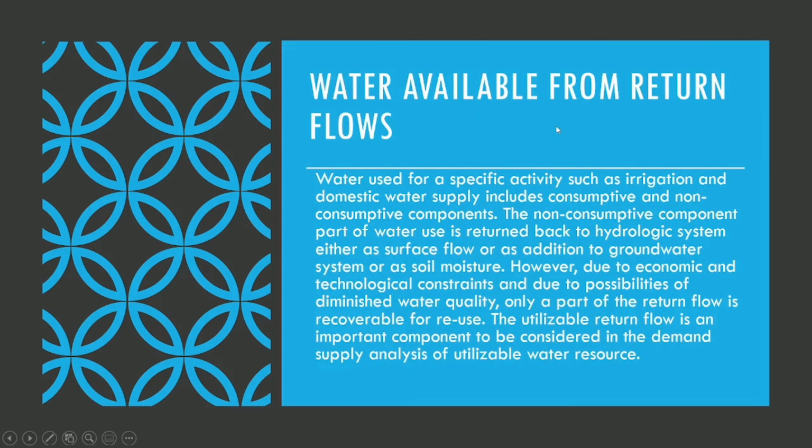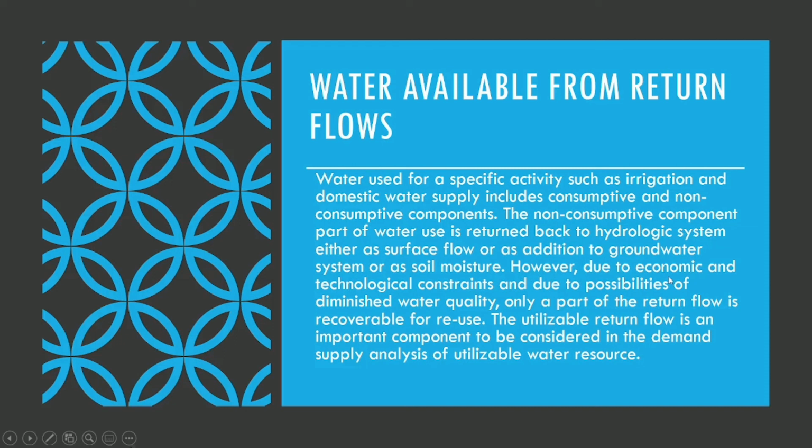Water available from return flows. Water used for specific purposes such as irrigation and domestic water supply includes consumptive and non-consumptive components. The non-consumptive part of water use is returned back to the hydrologic system either as surface flow, or addition to groundwater system, or as soil moisture.